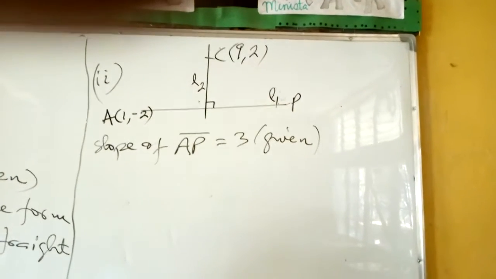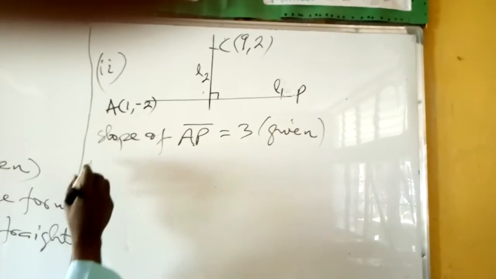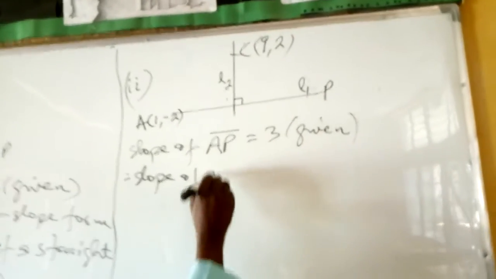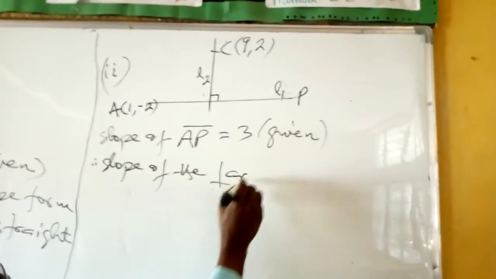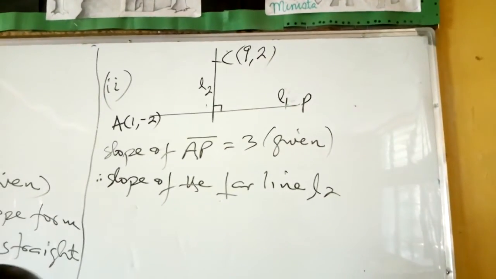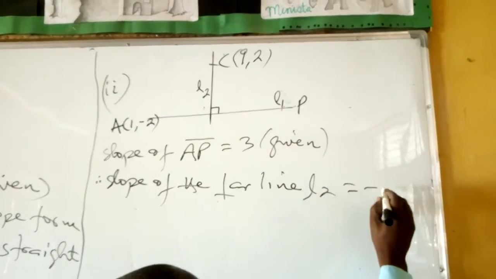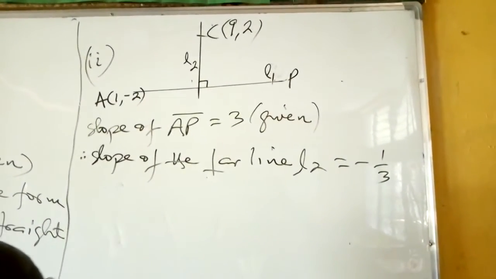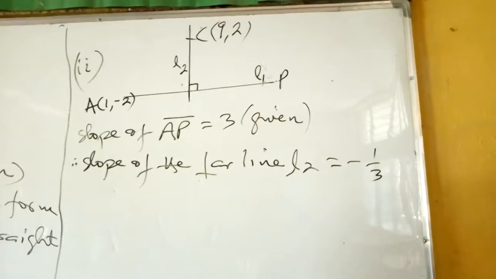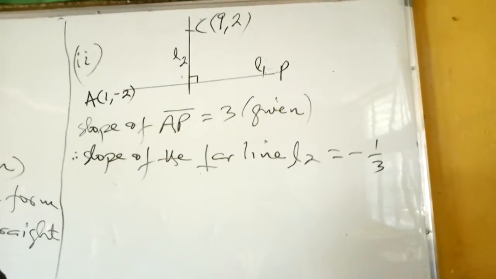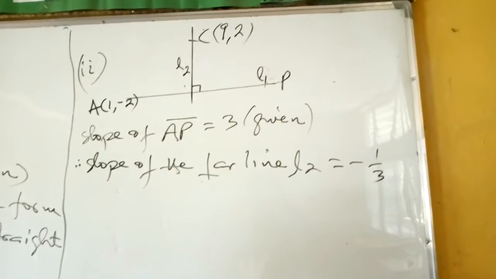If the slope of AP is equal to 3, therefore the slope of the perpendicular line L2 will be minus 1 over 3, because when two lines are perpendicular, the slope of one line is the negative reciprocal of the slope of the other.